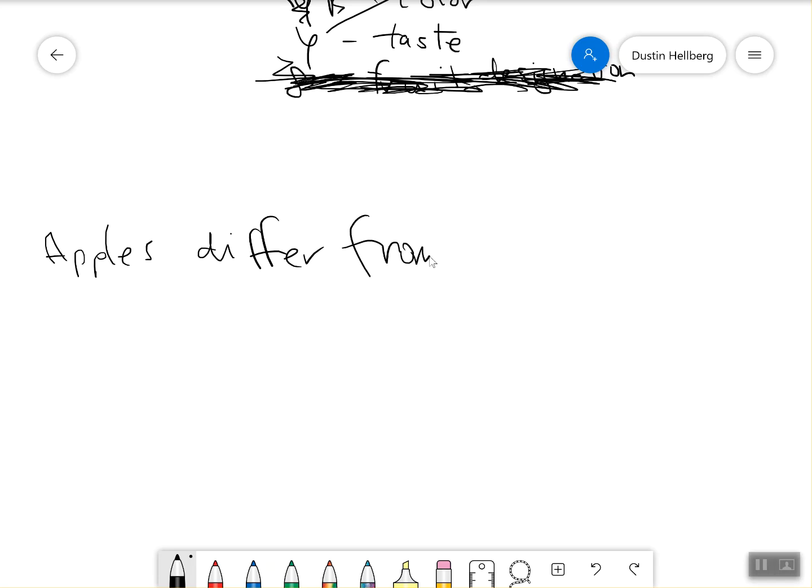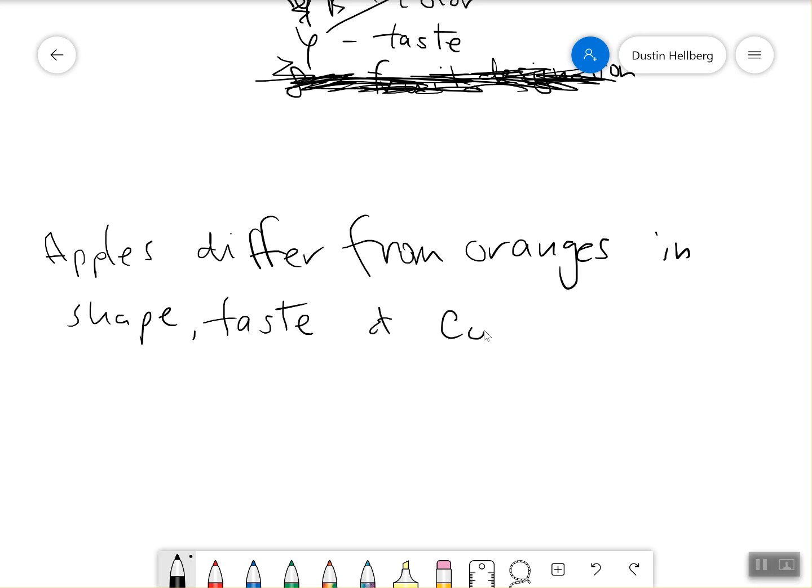Apples differ from oranges in shape, taste, and color. Here's my thesis statement. For as silly as this sounds, I want you to see how this works. Apples, that is my data sub 1 point. And the other data point, data sub 2, oranges.